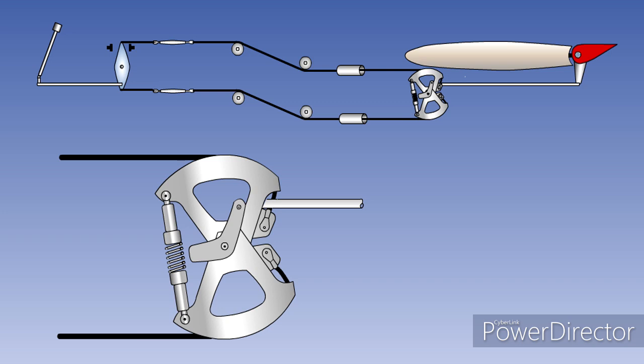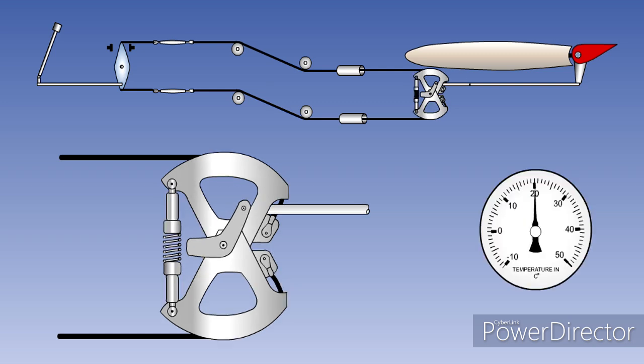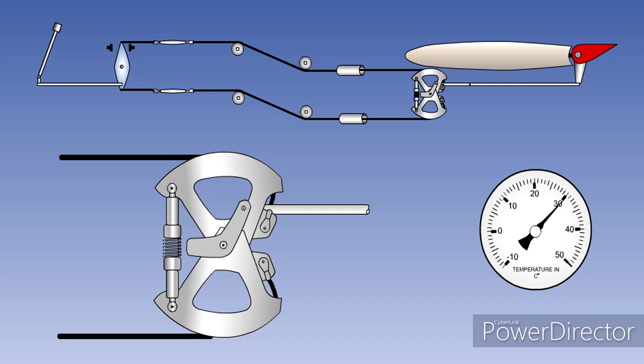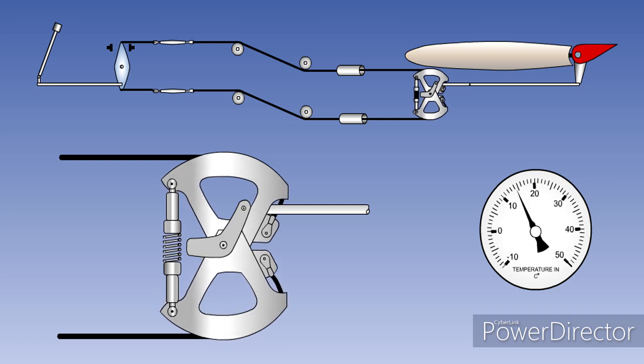They rotate the quadrants equally, moving the push-pull rod and the control surface. If there is an increase in cable tension due to temperature change, then the cable tension will overcome the spring and rotate both quadrants as shown, reducing the tension back to the correct level. Similarly, if the tension reduces below the correct level, then the springs will push the quadrants in the opposite direction, again correcting the tension.